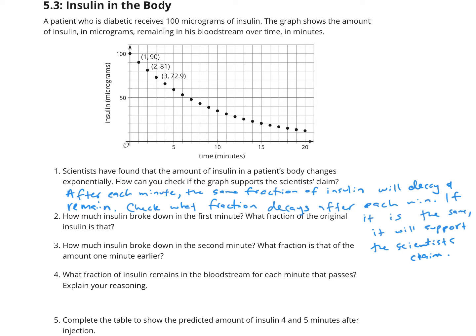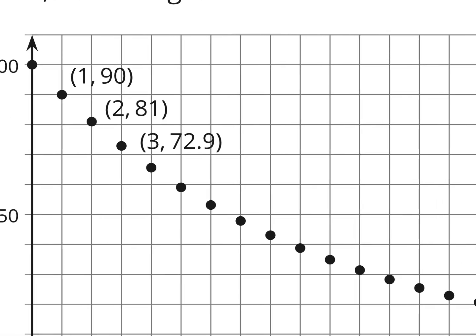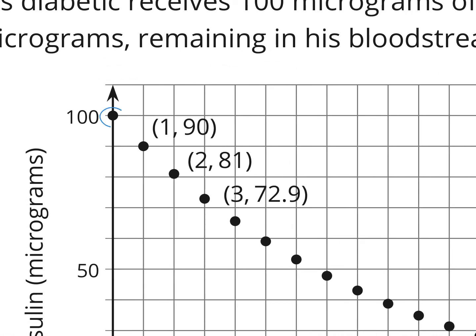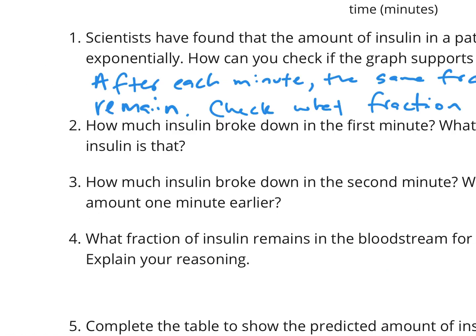So how much insulin broke down the first minute, and what fraction of the original insulin is this? So let's take a closer look. So we can see that it starts at 100 micrograms and it goes down to 90. So that means that 10 micrograms broke down, because 100 minus 90 is 10.